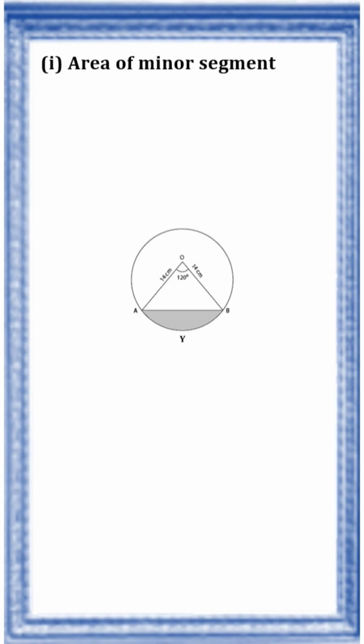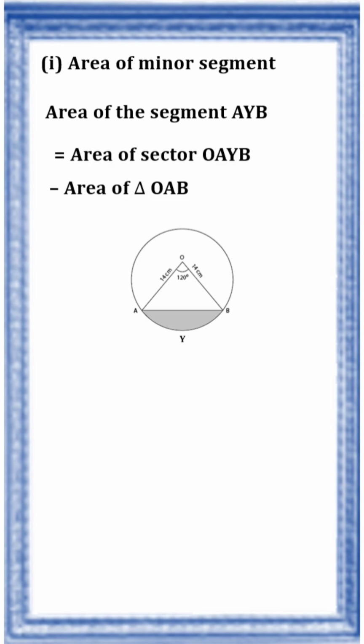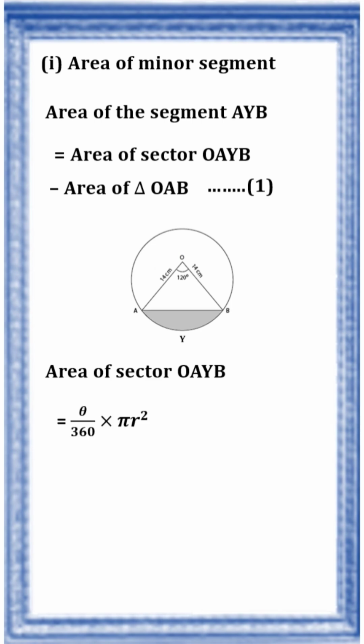Now let us find the area of minor segment. Area of the minor segment is the area of the segment AYB, that is equal to area of sector OAYB minus area of the triangle OAB. Let this be equation number 1. Area of the sector OAYB is equal to theta by 360 into pi r square.